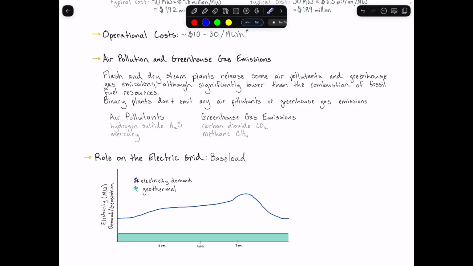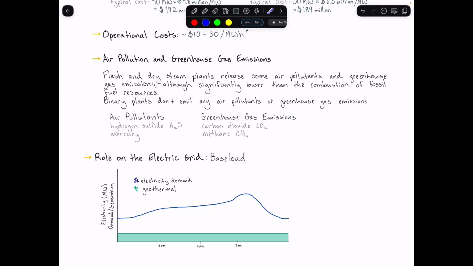Although geothermal power plants are considered dispatchable because operators can control how much water and/or steam is being pumped into the system, they are typically operated at a constant output of electricity in order to maintain the temperature and the pressure of the underground reservoir. Because, as I mentioned before, if water is cycled too quickly through the system, it can temporarily decrease the temperature of the reservoir underground.